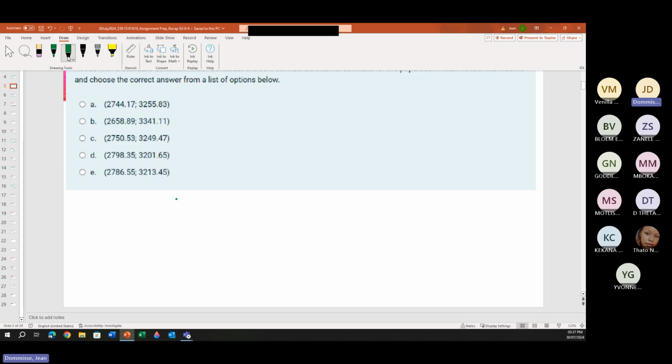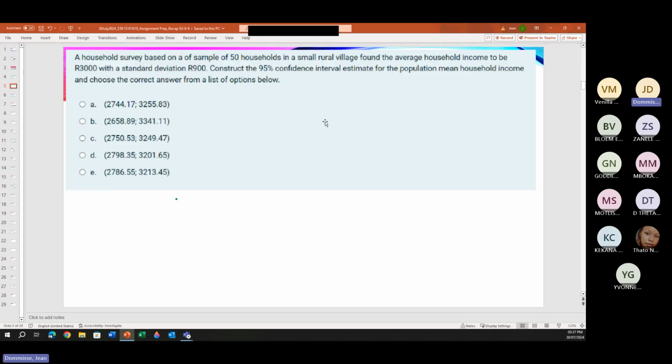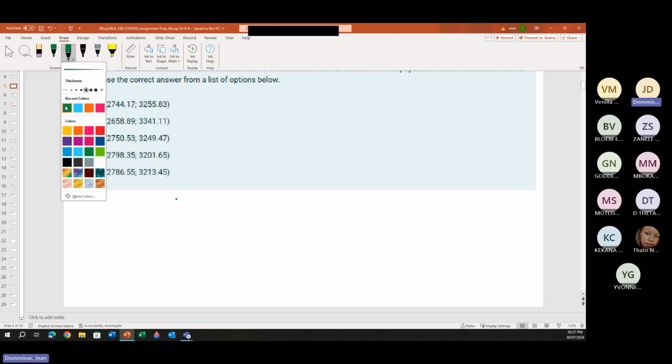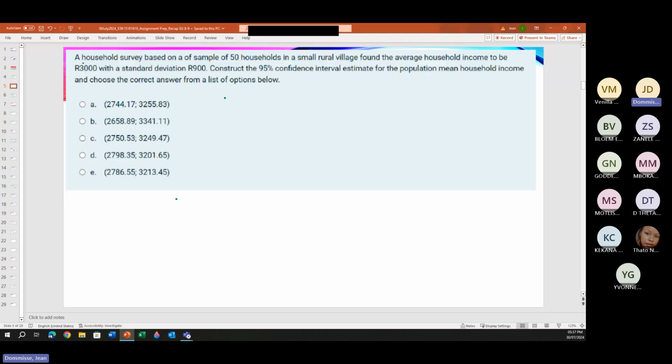Let's first see if we are working with a Z or if we're working with a T. So a household survey based on a sample of 50 households, so we've got our n, in a small rural village, found that the average household income to be 3,000.